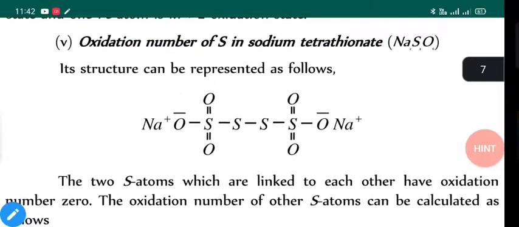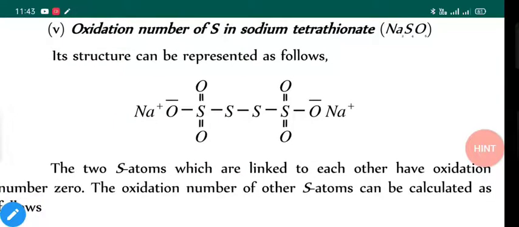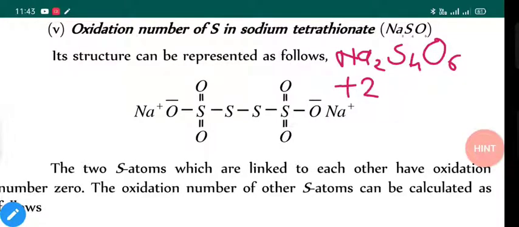So our next example will be sodium tetrathionate. That means Na2S4O6. Now let's calculate with our traditional method. So we have Na2S4O6. So 2 sodium will give us plus 2. 6 oxygens will give us minus 12.